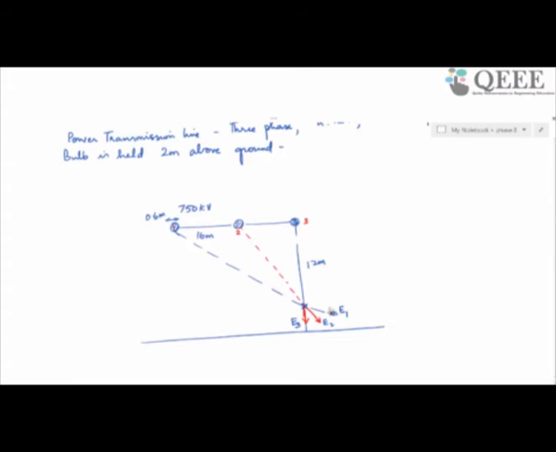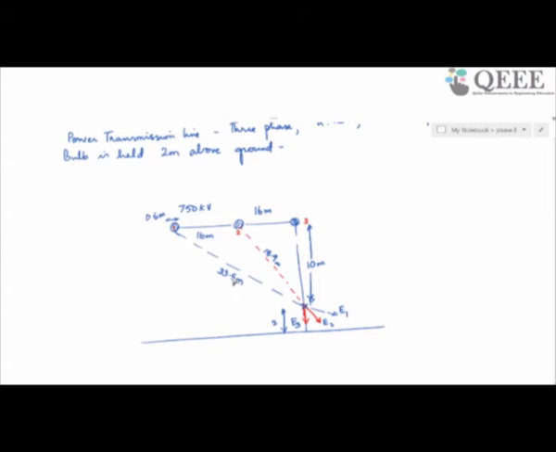So I basically have 3 electric fields acting on this point. This is the point P where I have the tube light. Now I have enough geometry to calculate these heights. The total height is 12 meter, so from the tube light to the line is 10 meter, and this is 2. And I know the spacing between them. This is 16 meter and this is 16 meter. So I can calculate this as 18.9 meter and this as 33.5 meter by applying Pythagoras theorem.